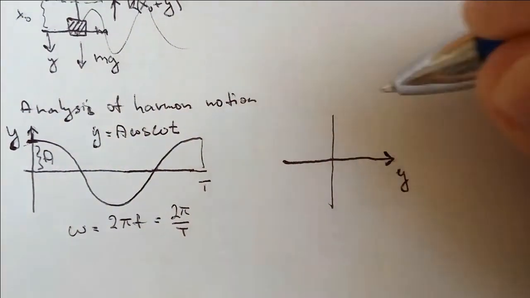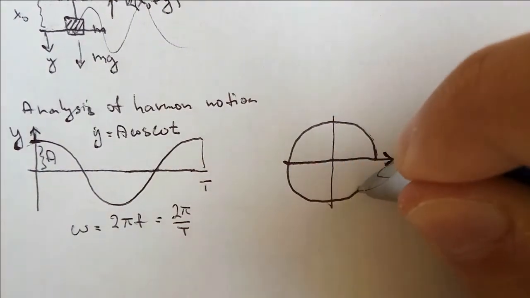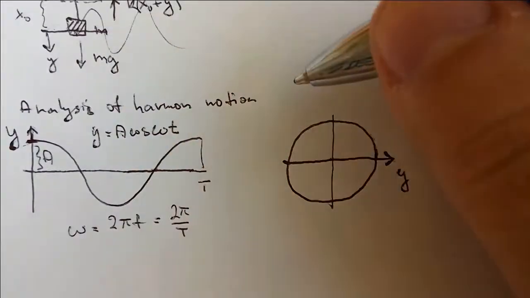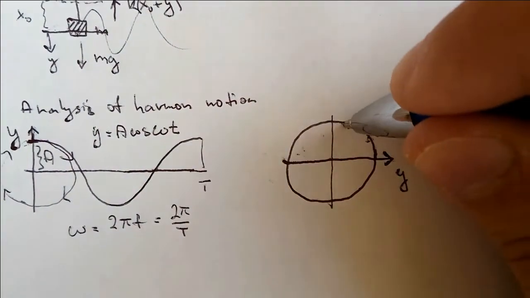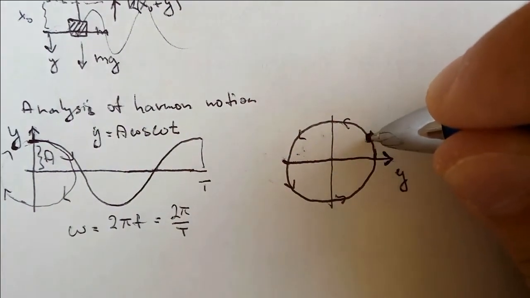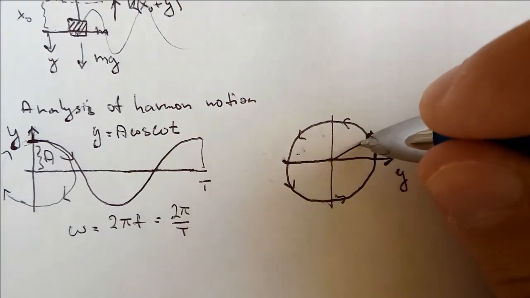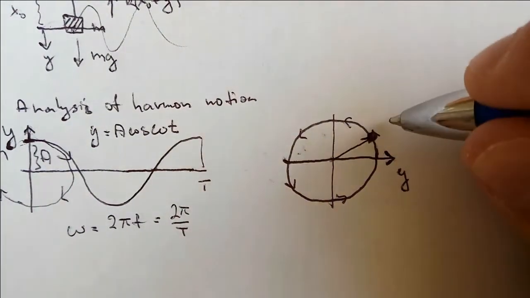So it's just a projection of circular motion on the y-axis. So you can imagine there is some bob rotating around this in this fashion, or if I rotate it, this should be the direction of motion, and there is some point on the edge of this circle moving with angular velocity.